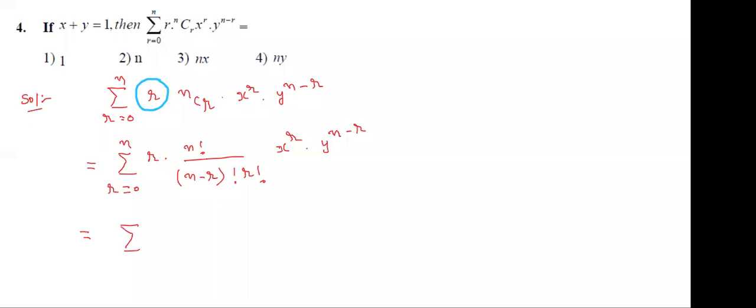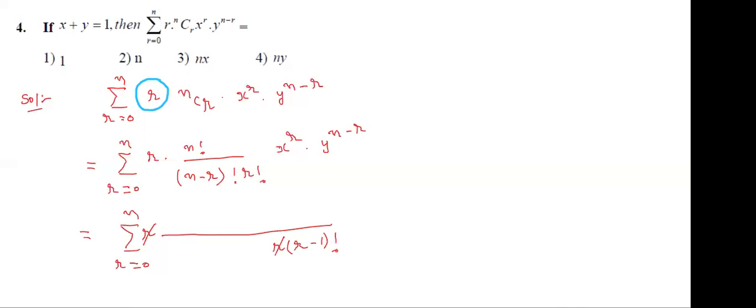In the denominator, r factorial is there. First I am going to the denominator: r factorial I am writing as r into (r minus 1) factorial. Here r, at that time, r is going to cancel.